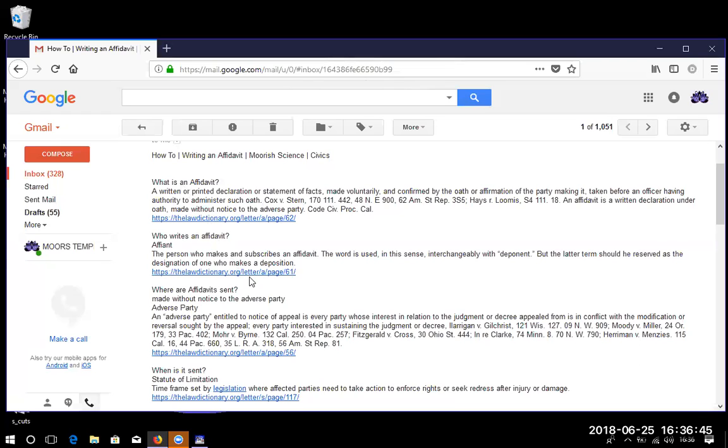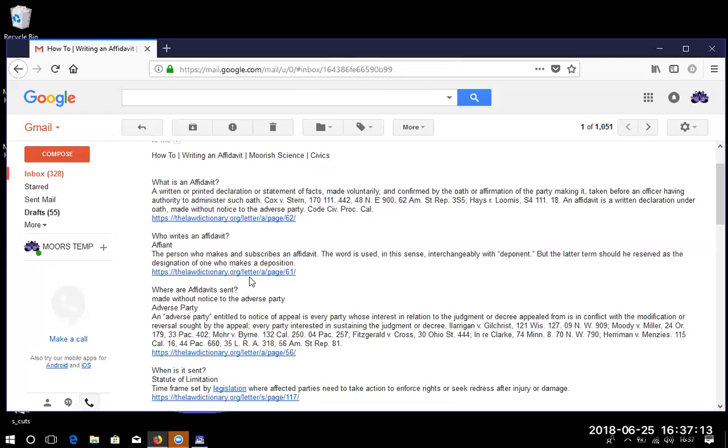Where are affidavits sent? Well, they're made without notice to the adverse party. Who's the adverse party? An adverse party is any individual or corporate entity entitled to notice of appeal, as every party whose interest in relation to the judgment or decree appealed from is in conflict with the modification or reversal sought by the appeal.